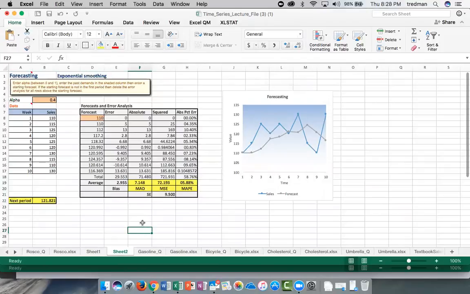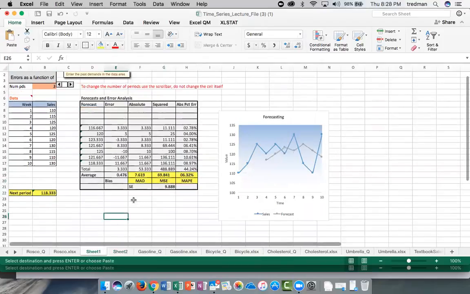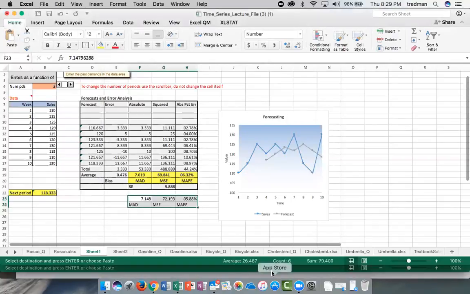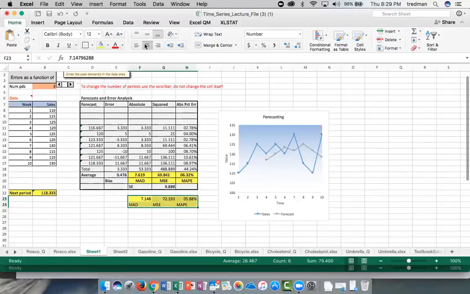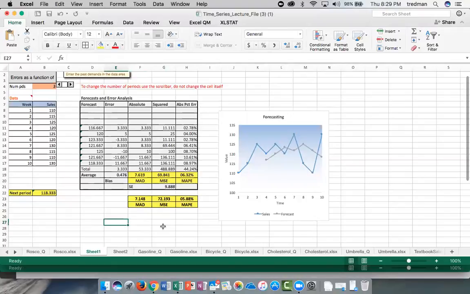So now what I'm going to do is copy these MAD, MSE, and MAPE, and I'll just paste in the values. So I see now this table on the bottom is what I pasted in from the exponential smoothing.